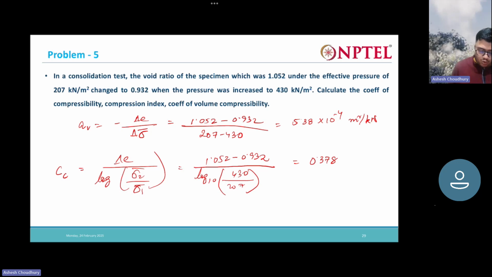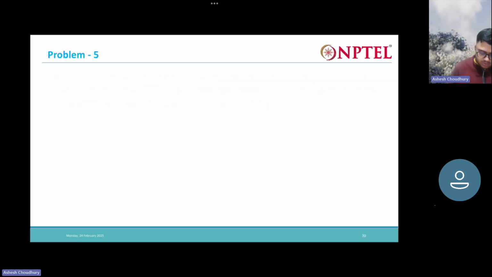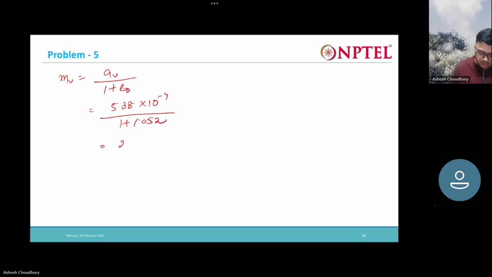Okay, next we have the coefficient of volume compressibility. The coefficient of volume compressibility, mv, is av by 1 plus e naught. Now why is this mv known as the coefficient of volume compressibility?